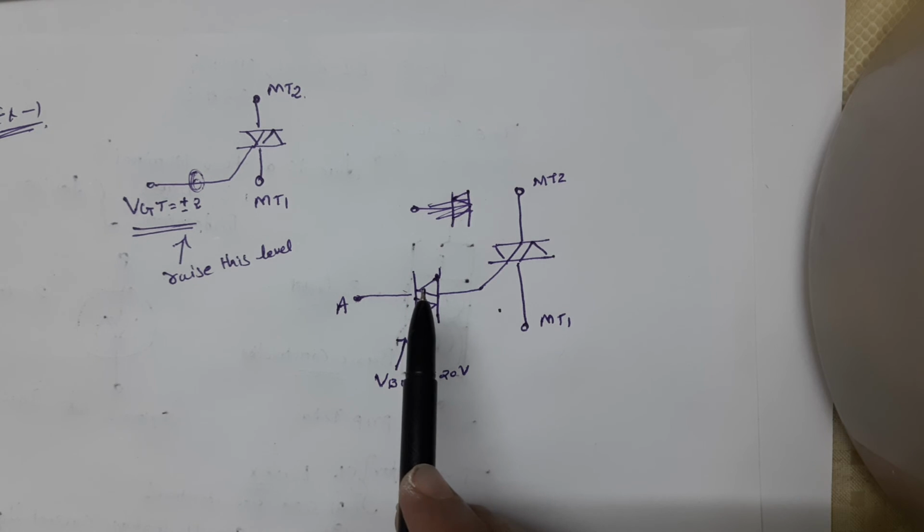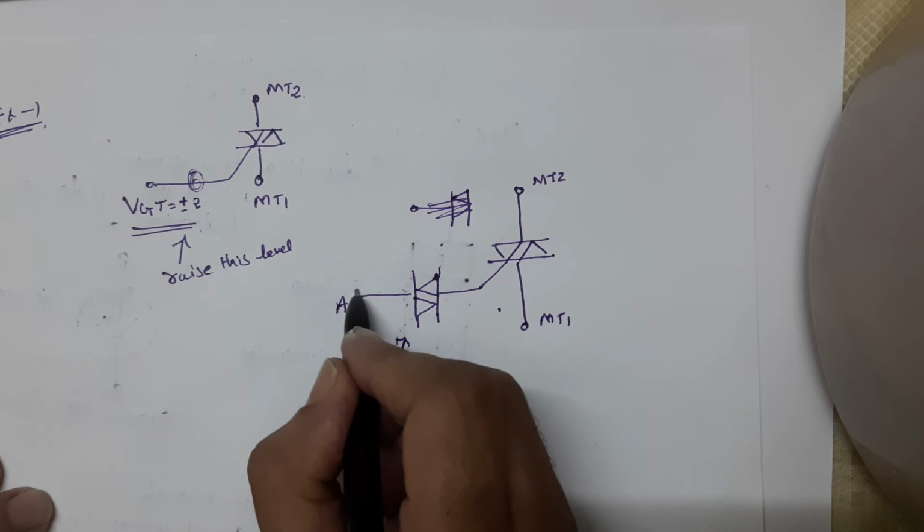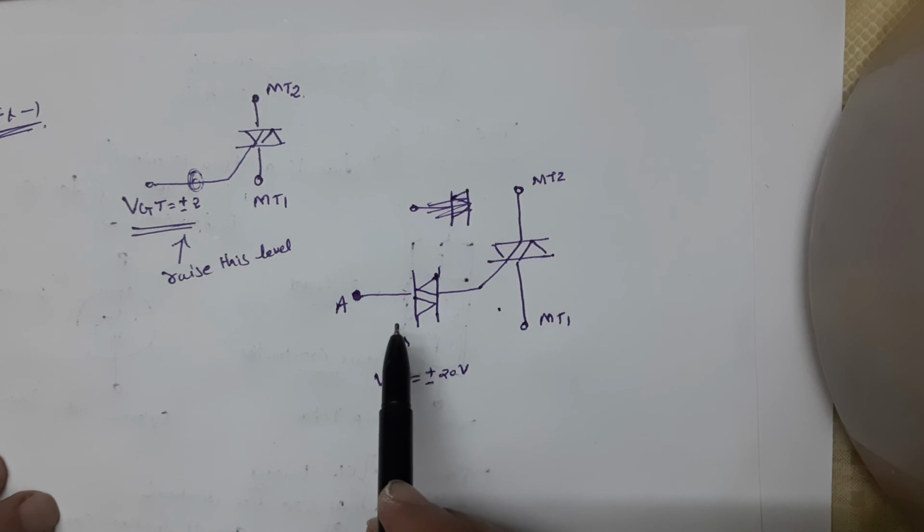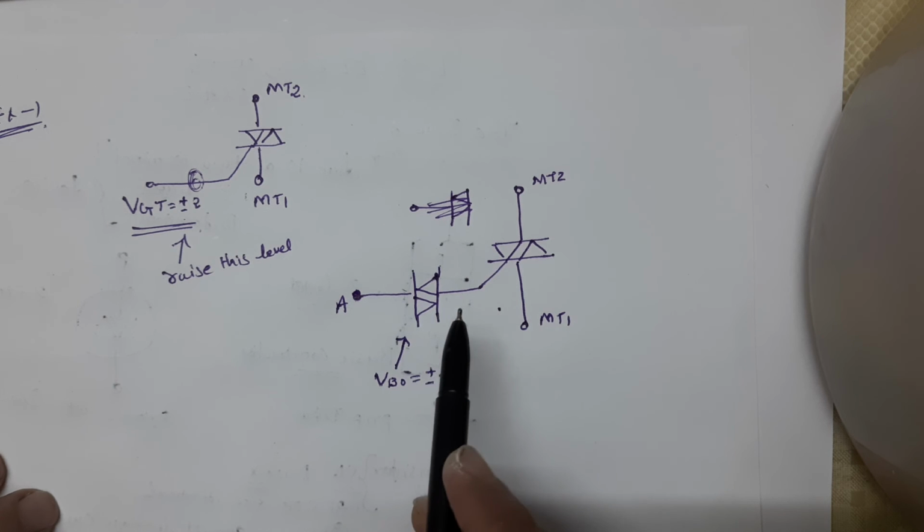With the diac present, the triac can still be triggered by both positive and negative gate voltage. However, to fire the triac into conduction, the potential VA at point A in the figure must overcome the VBO of the diac plus VGT.